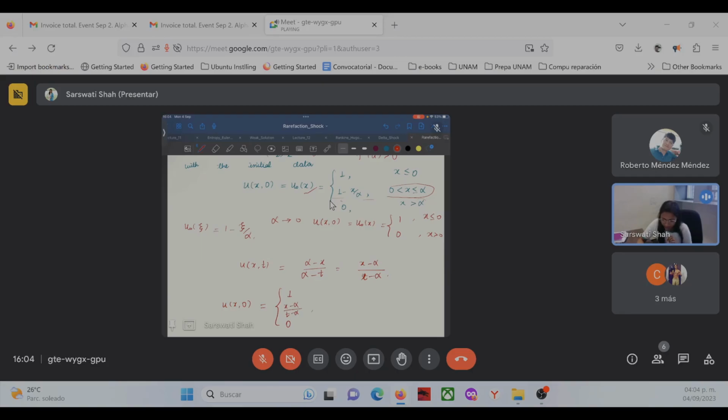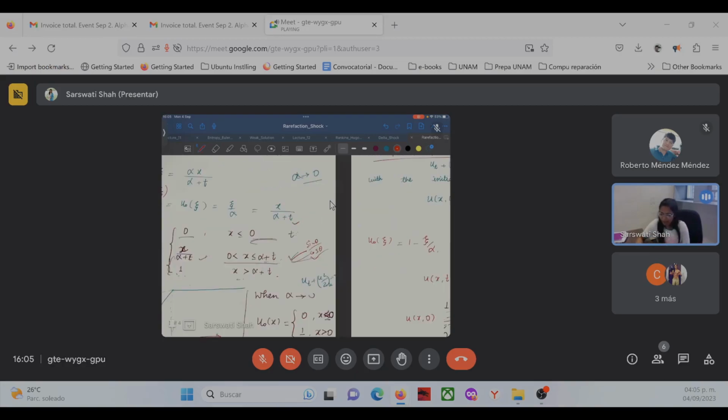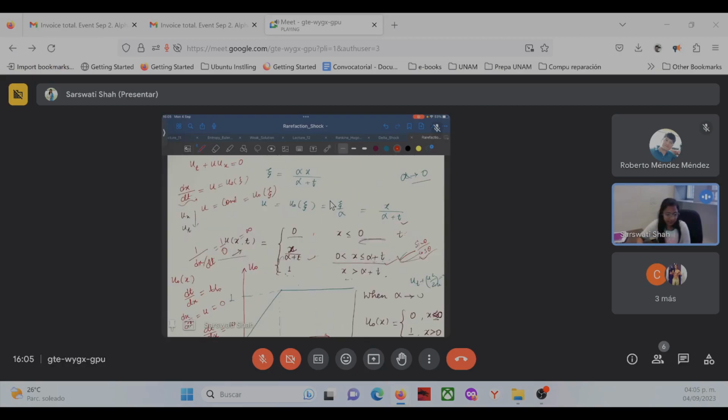So just be careful. You can see that when x is approaching t, this will be 1. So x is less than or equal to t, because we need to show the continuity at the breaking point. How I managed to write it here: alpha plus t.